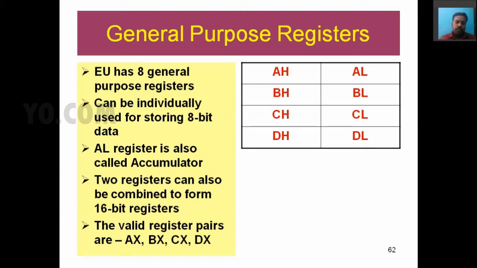So the A register is called the accumulator. Then the valid register pairs are AX, BX, CX, DX. So we can combine AH and AL. We cannot combine AH with BL or CL and DL.